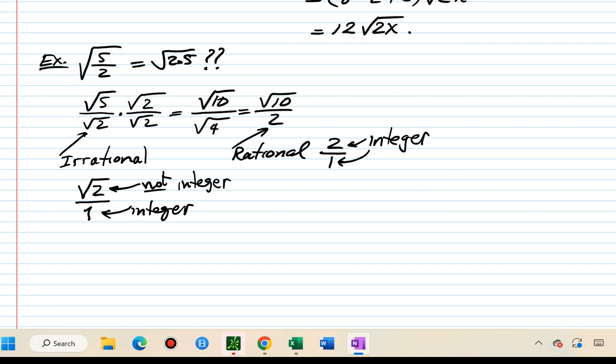Therefore, that's irrational. And this process of turning something irrational into rational, you probably heard of that one. It's called rationalizing the denominator. So what we did indeed was rationalize the denominator.